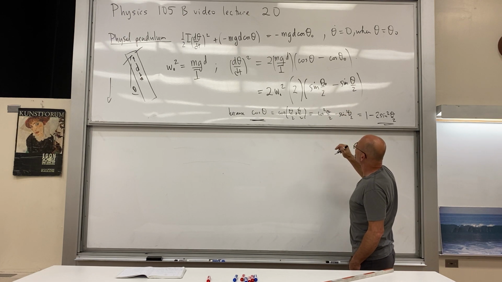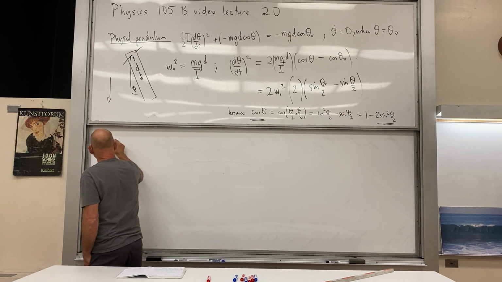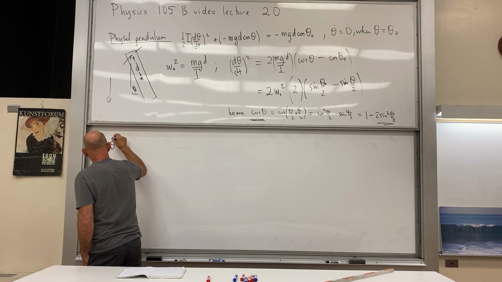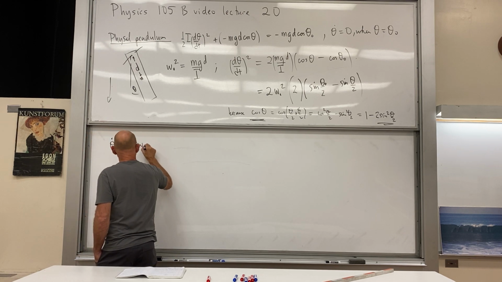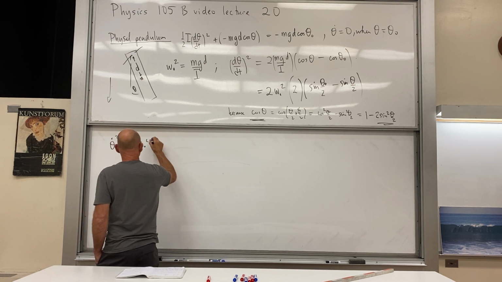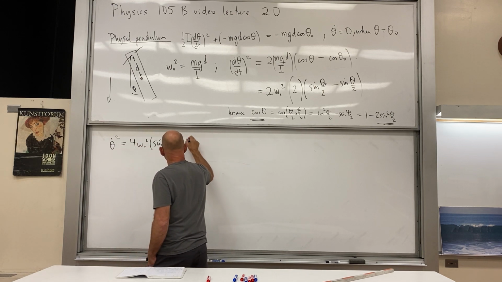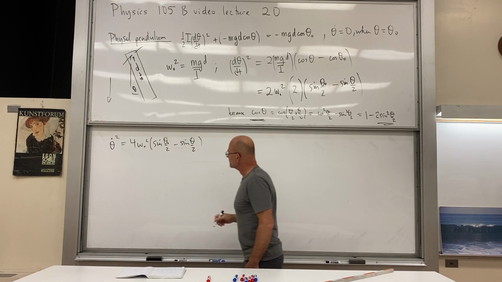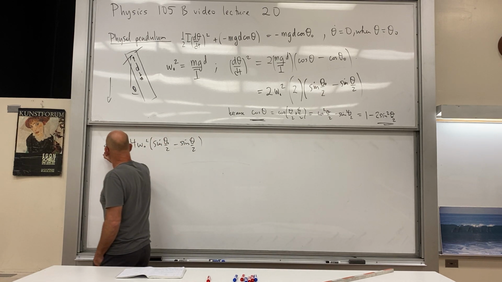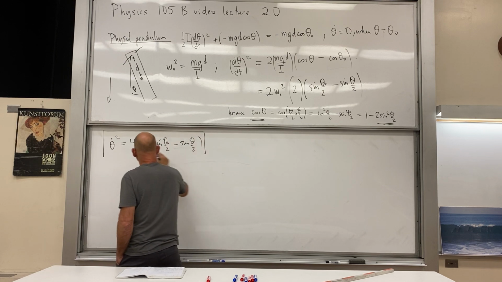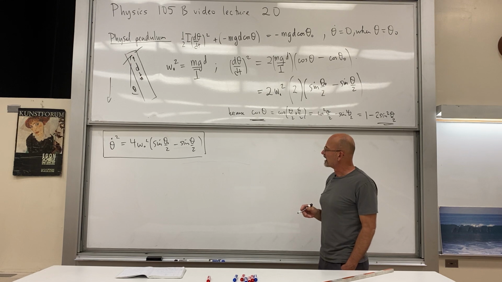of theta and theta naught. So now we have theta dot squared equals 4 omega naught squared times sine squared theta naught over 2 minus sine squared theta over 2. So this we're going to hold on to, and now we're going to define a new angle and a new quantity.